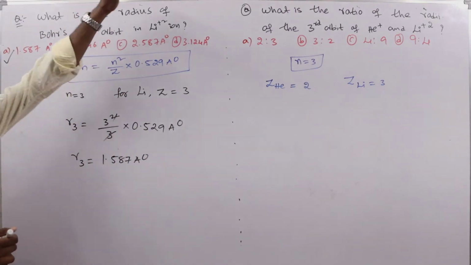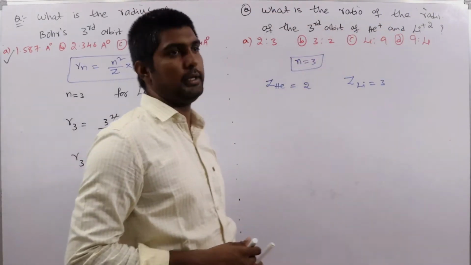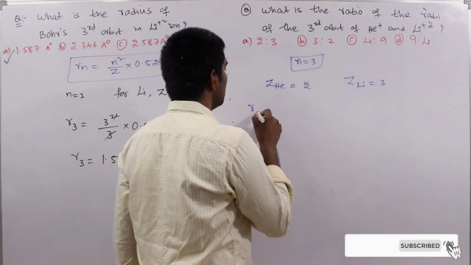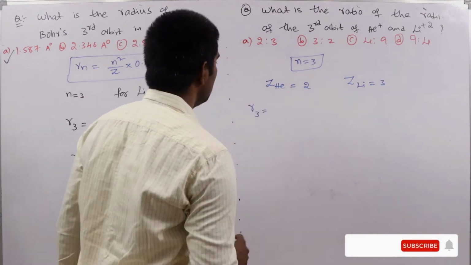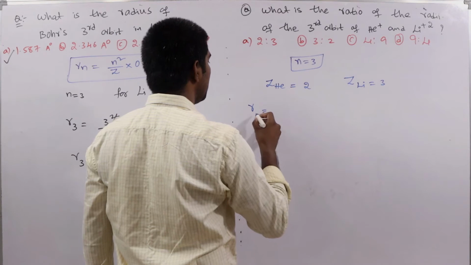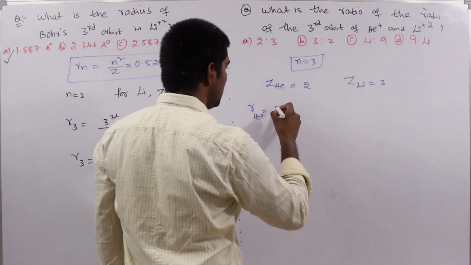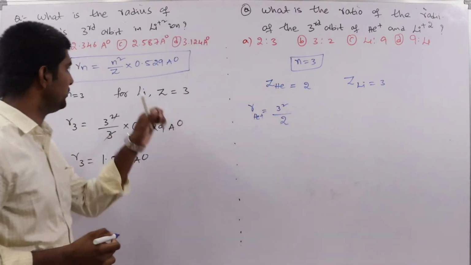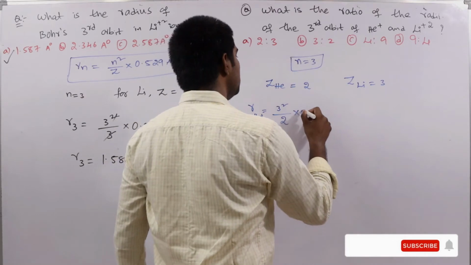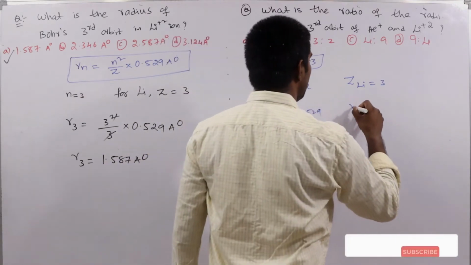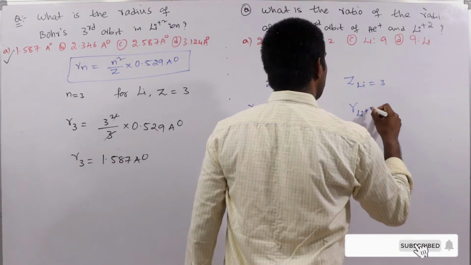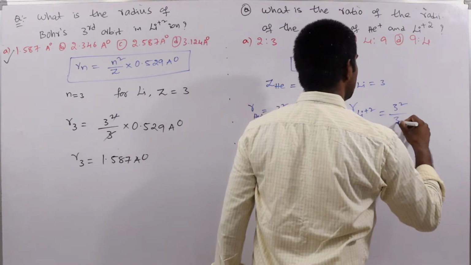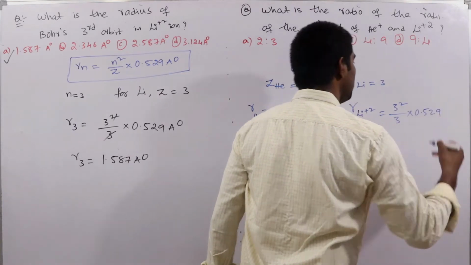If we want to find out the ratio of the radii, for helium, the radius of helium plus is equal to 3 square by 2 into 0.529. And for lithium plus 2, the radius is equal to 3 square by 3 into 0.529.